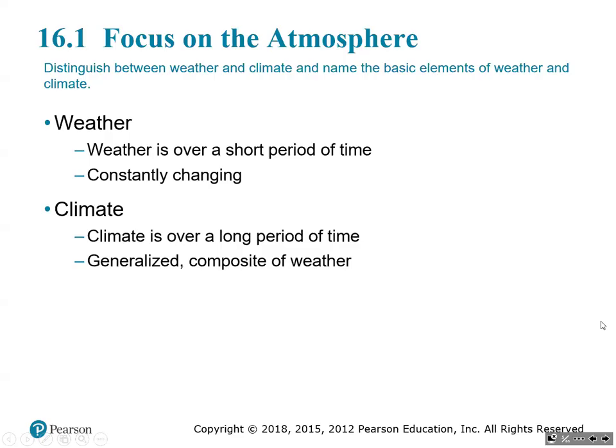That's a climate trend. So it's over a long period of time. You're looking at a generalized composite of weather. You're looking at the long-term, large-scale trends. And climate can give you indications of stuff that people are doing over longer periods of time that are going to cause us problems.